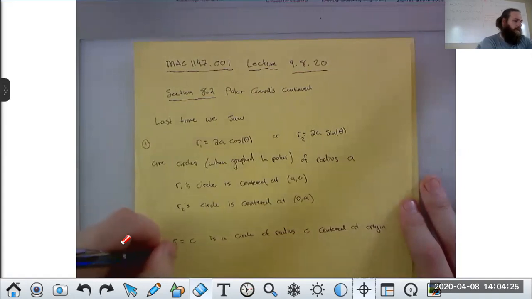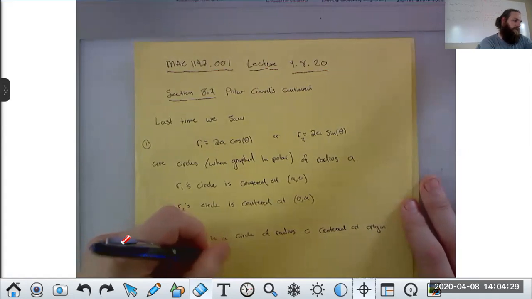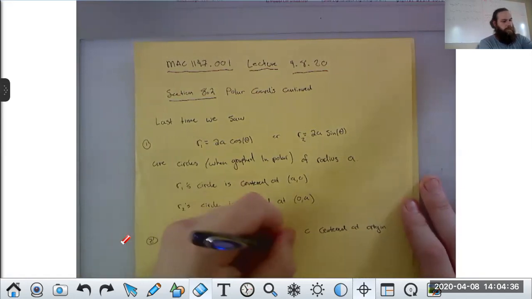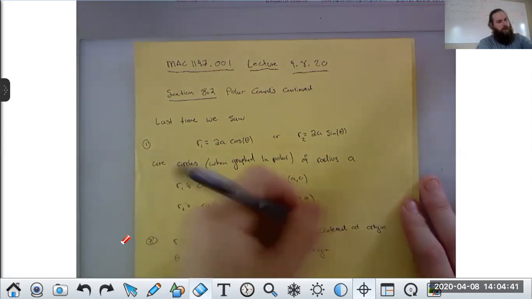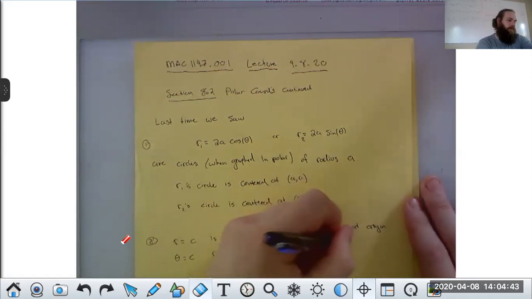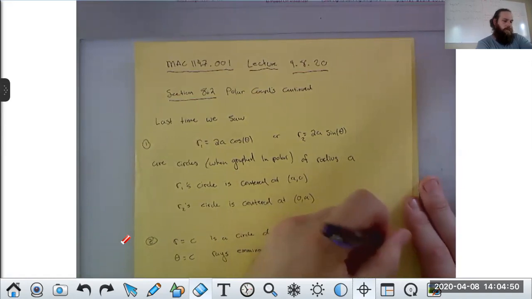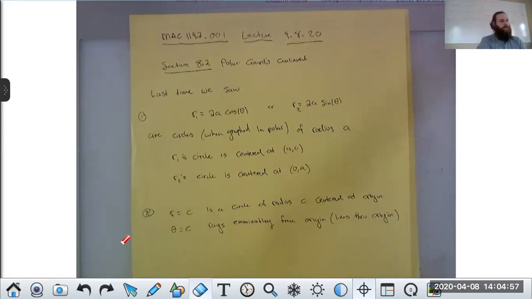And that theta equals C gives rays, or that's usually the way we like to say it, emanating from the origin. You could also just think of them as lines through the origin, straight lines. So these are the families of polar curves that we should have a fairly decent understanding of at this point.